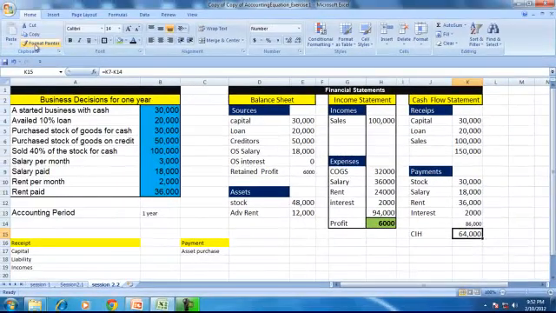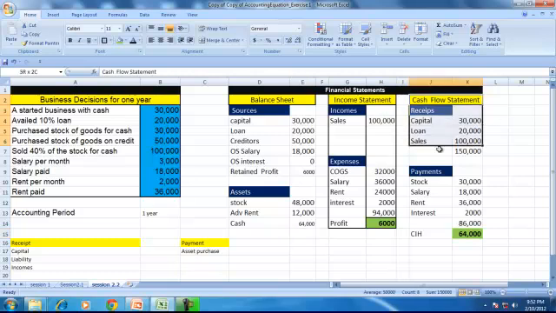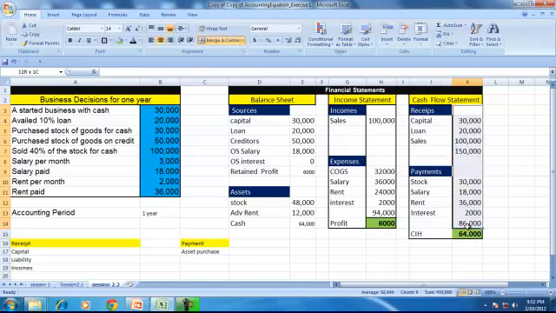Cash in hand is an asset, so it will be shown on the balance sheet as an asset. So the cash flow statement is also done. The purpose of the cash flow statement is to record receipts and payments and determine the cash in hand.